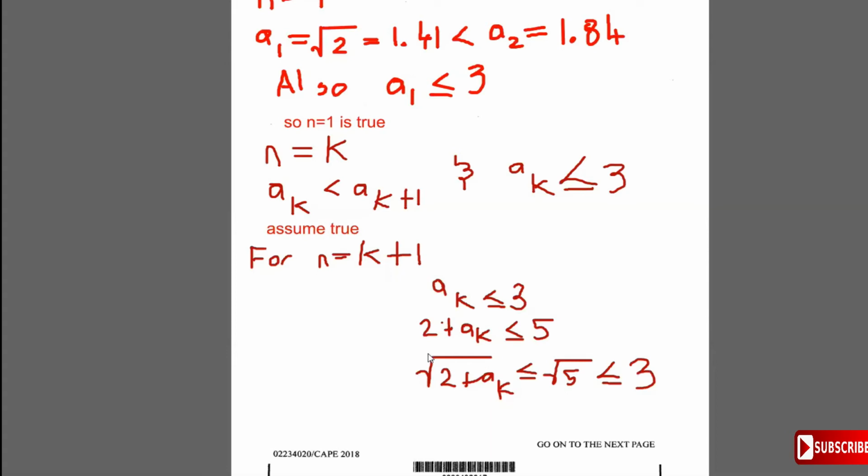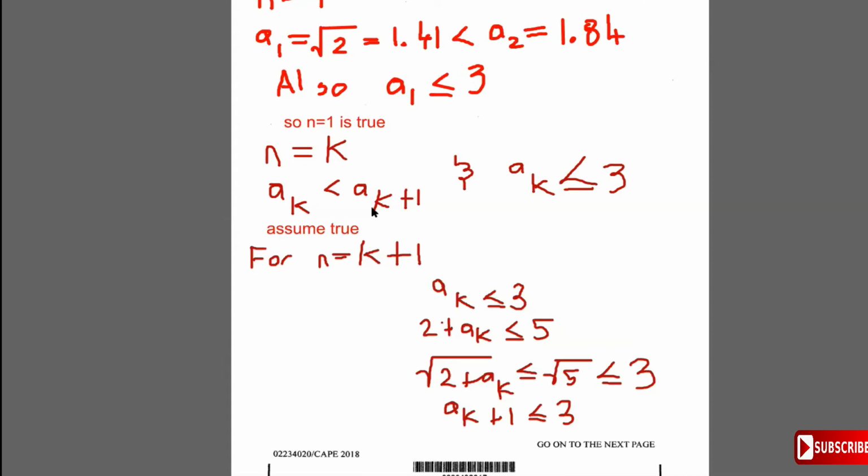But then the root of 2 plus ak is ak plus 1. And so we showed now that ak plus 1 is less than or equal to 3. So get the first proof out of the way.